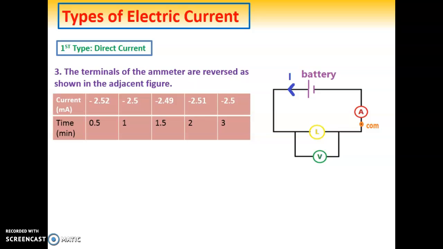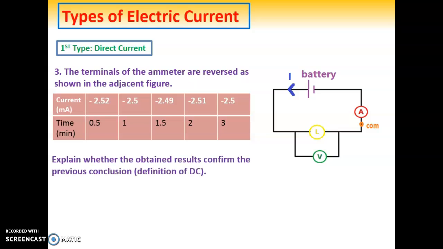Again, you can notice that the absolute value of the current almost remained the same, 2.5, 2.49, 2.52, all fluctuating around 2.5. But now concerning the sign, it changed from being positive to being negative. Though it changed, for the whole time it's remaining negative. It's not fluctuating between positive and negative values. It's keeping the same sign as time passes.